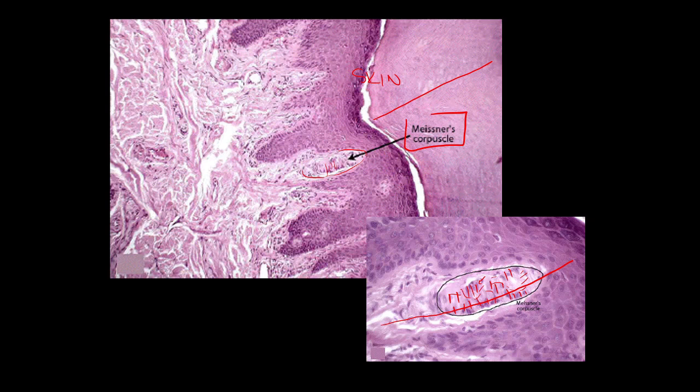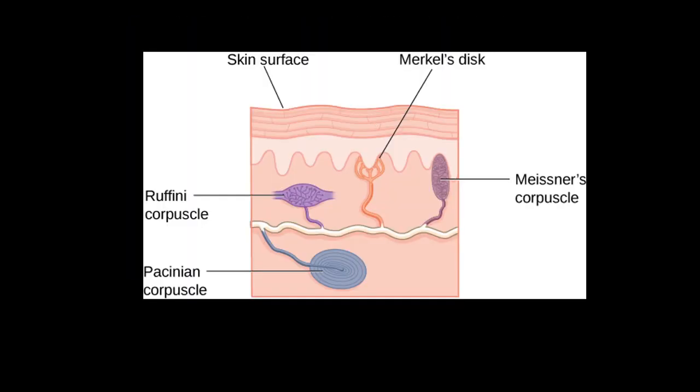You don't need to know how they look or how to find them in the tissues. All of them are for the touch sensation, also for heat and pressure, because all of them can do all the stuff, but some of them are more specialized for some stuff.